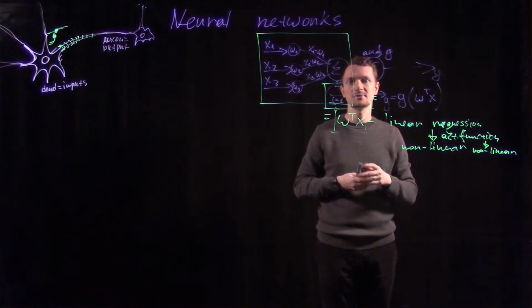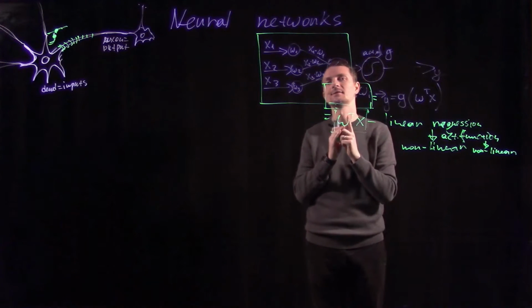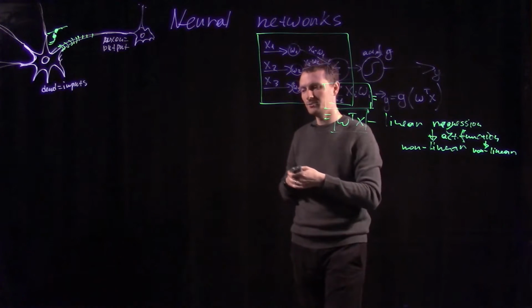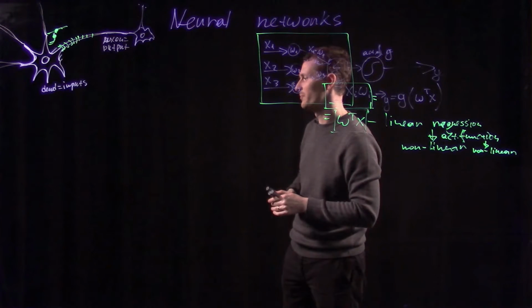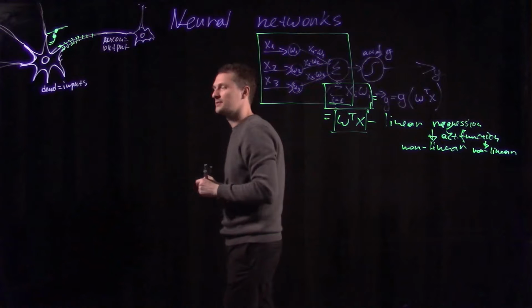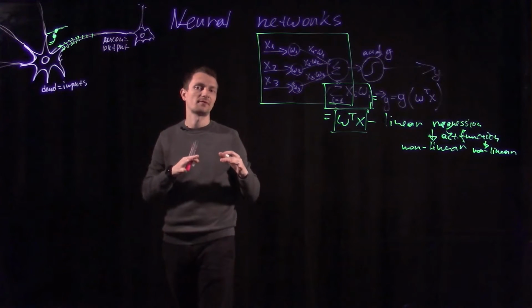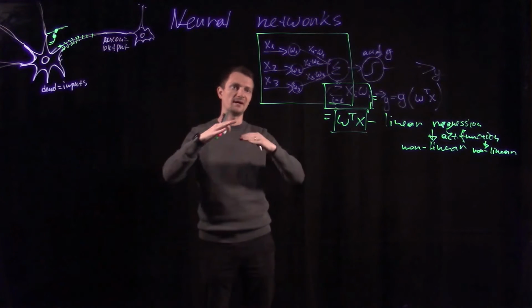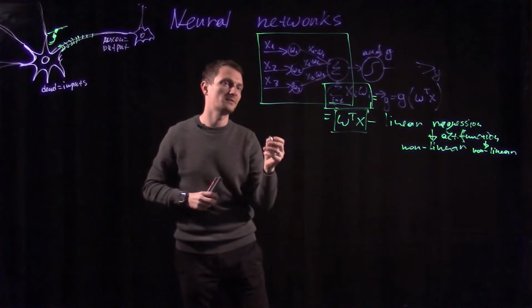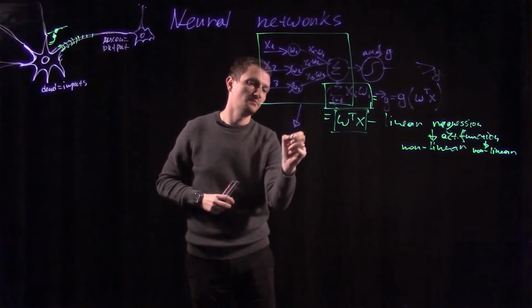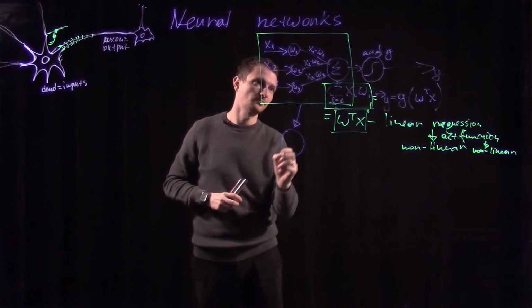Now, as soon as you have the model of one single neuron, you can build a model that consists of a lot of them. Not only do you combine them, but it will be depicted further as this.